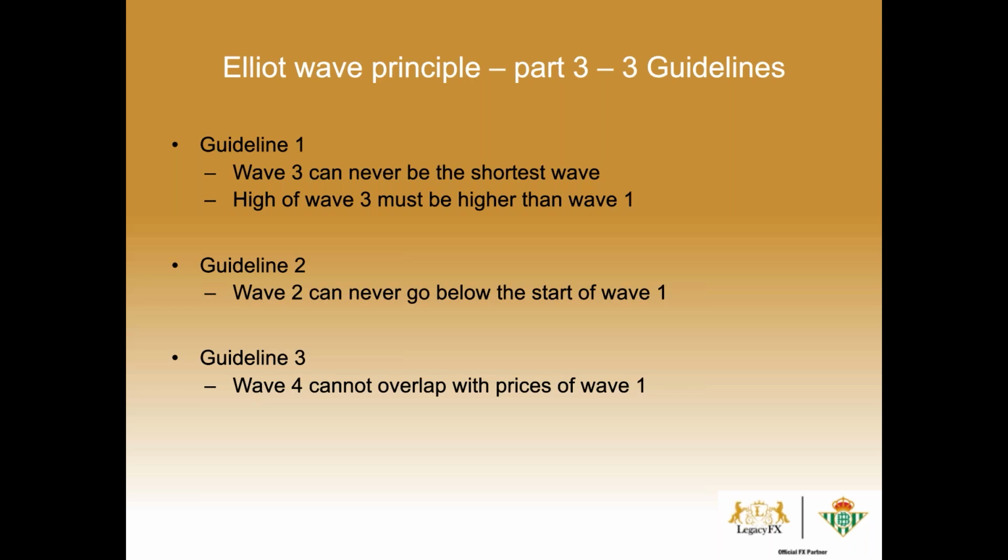What I mean by that is that if the corrective wave number 1 is a sharp rally or pullback, most of the time wave 4, in other words corrective wave number 2, I know it's confusing the numbers, is going to be flat. Like it's going to be more elongated. It's going to take longer to do the same 40%. And the other way around. If the first pullback is very flat, then the second pullback will be much sharper, generally speaking.